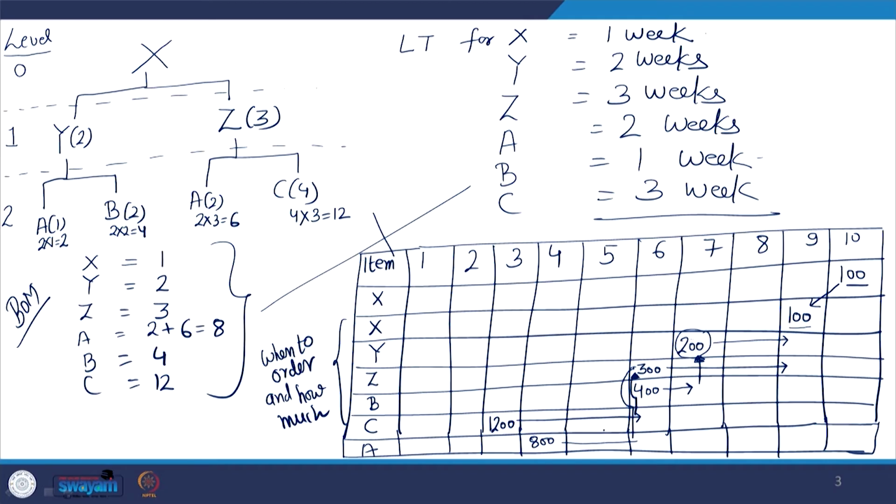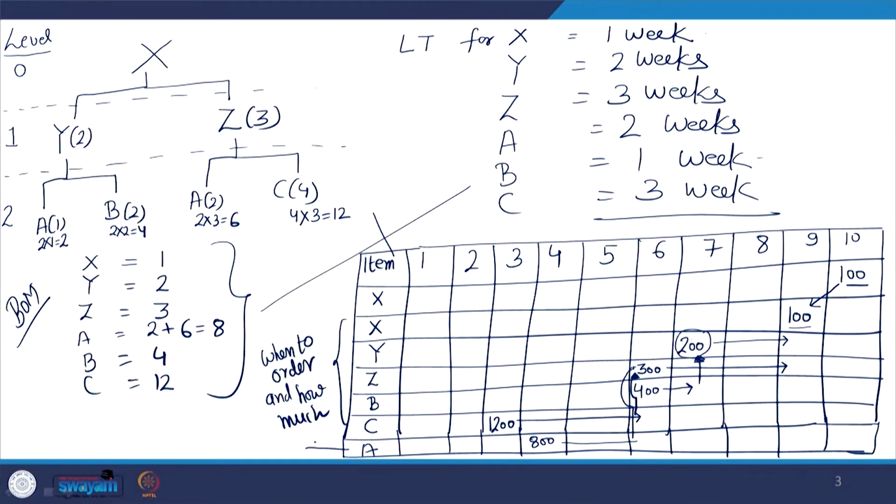Both these possibilities are there, it depends upon what type of capacities you have. So, accordingly either you can give the entire A on 4th week, or you can give order of 600 A on 4th week and 200 A on 5th week. So, two possibilities are there.